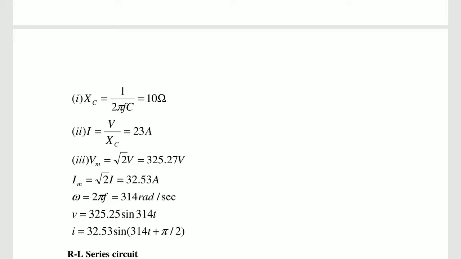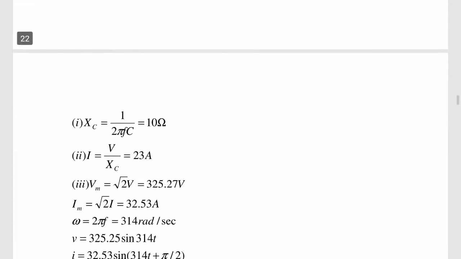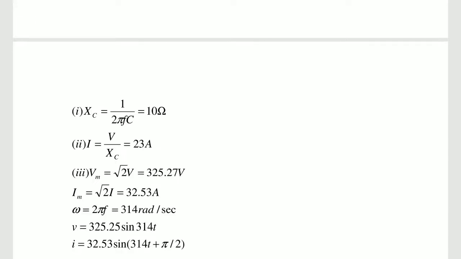Now current i is equal to Im sin(omega t plus 90). Here, in a pure capacitive circuit, the current is leading by 90 degrees, so it is written as omega t plus 90.